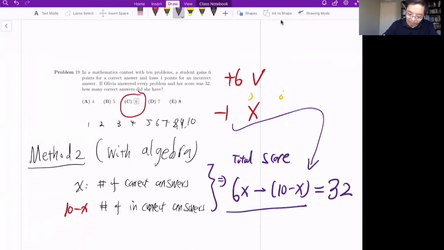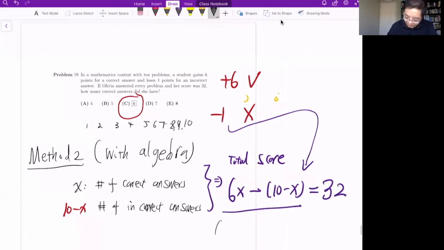Okay, so now we combine like terms. So here I have 6x. Because here is minus and you have a bracket, to get rid of the bracket you have to change sign. So this will be minus 10 and plus x equals 32, okay?